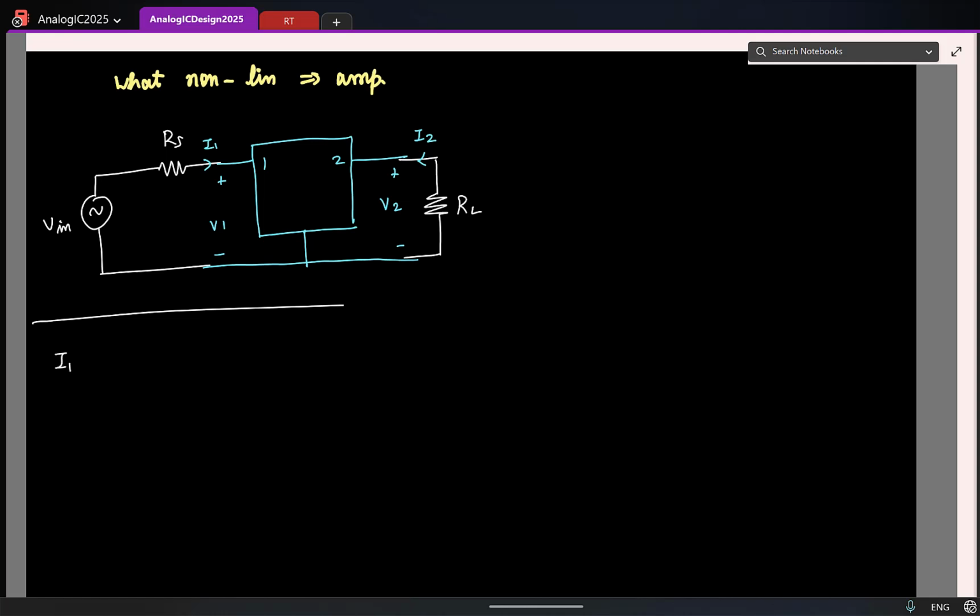So basically I should have I1 as some nonlinear function of both voltages V1, V2. Similarly, the other current I2 is some other nonlinear function of V1, V2. Nothing complicated. Now if this were a linear 2-port network, let me just mark it. This is for the nonlinear network.